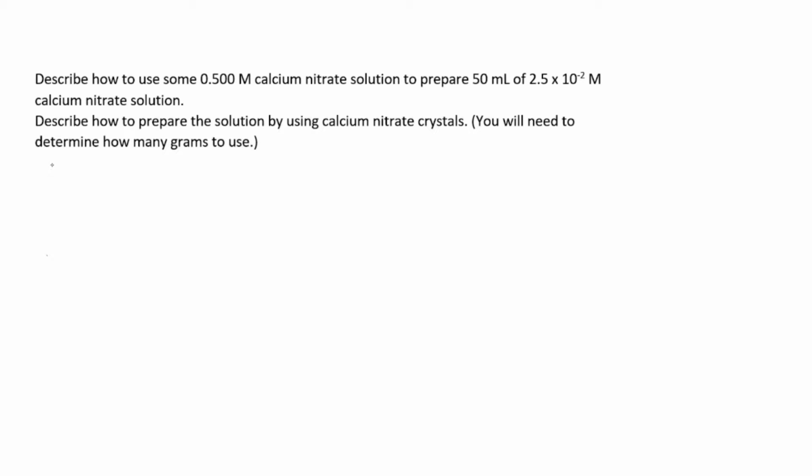First, we need to use our concentration to volume equation. So we have concentration 1, we have concentration 2, and we have volume 2. Okay, so we just need to find volume 1 to begin.